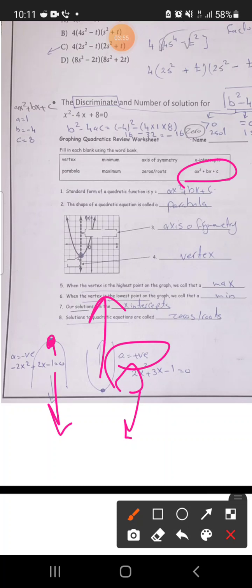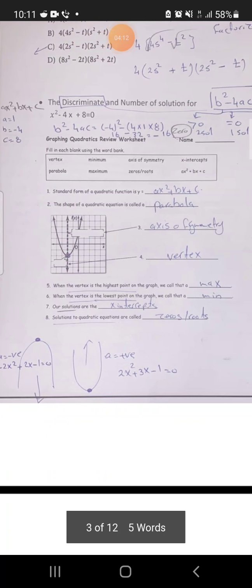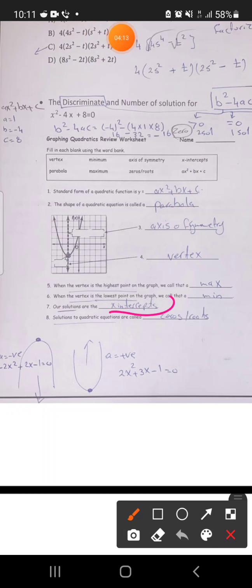If the vertex is the highest, it will be the maximum, and if the vertex is the lowest point, it's called the minimum. So the vertex is here. The axis of symmetry divides the graph so that here equals here. Okay. Solutions are x-intercepts. Solutions can be called zeros or roots.